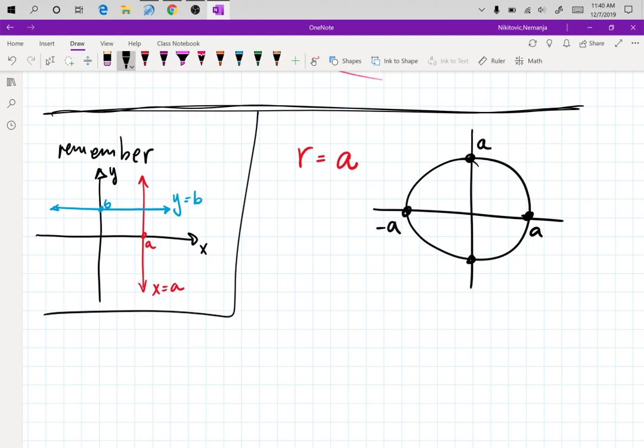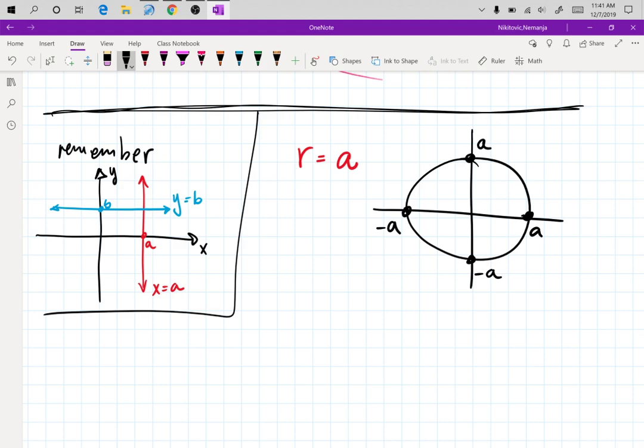Remember how your equation was really annoying in the xy coordinate system? It was x squared plus y squared equals a squared, right? Look at it now. r equals 3. It's a circle with radius 3. So which one do you want to integrate? Do you want to integrate x squared plus y squared, or do you just want to integrate 3? Yeah, you want to integrate 3.